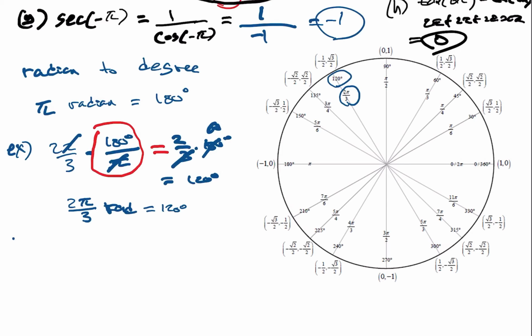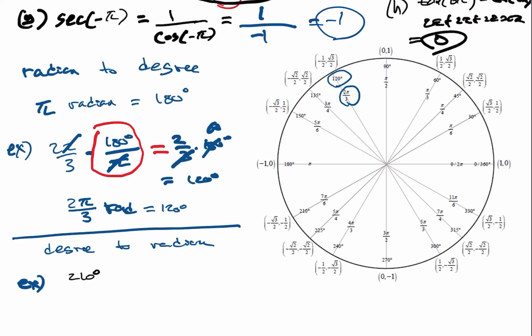Same idea. How do we do degrees to radians? Let's pick one of the unit circle angles so we can verify. But again, the idea is the same. If I want to convert 210 degrees, now we multiply by pi over 180 degrees. Before, we multiplied by 180 over pi because we can cancel out the pi.